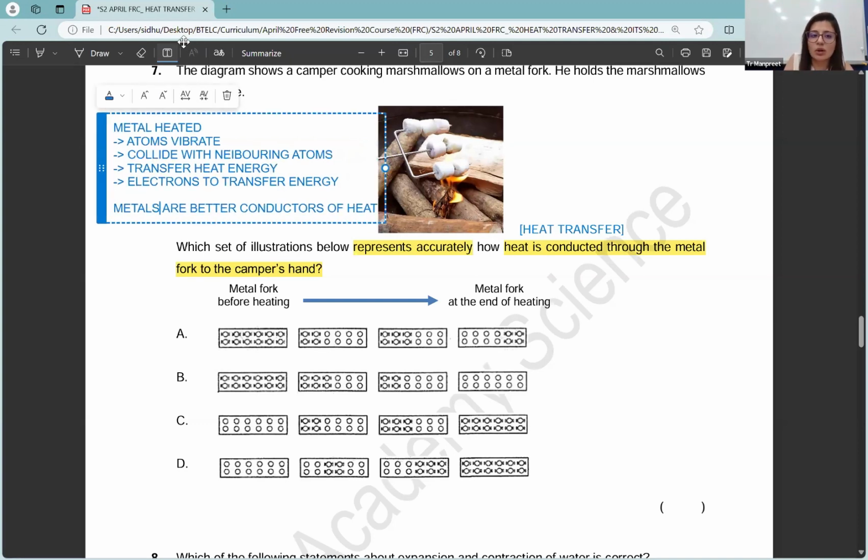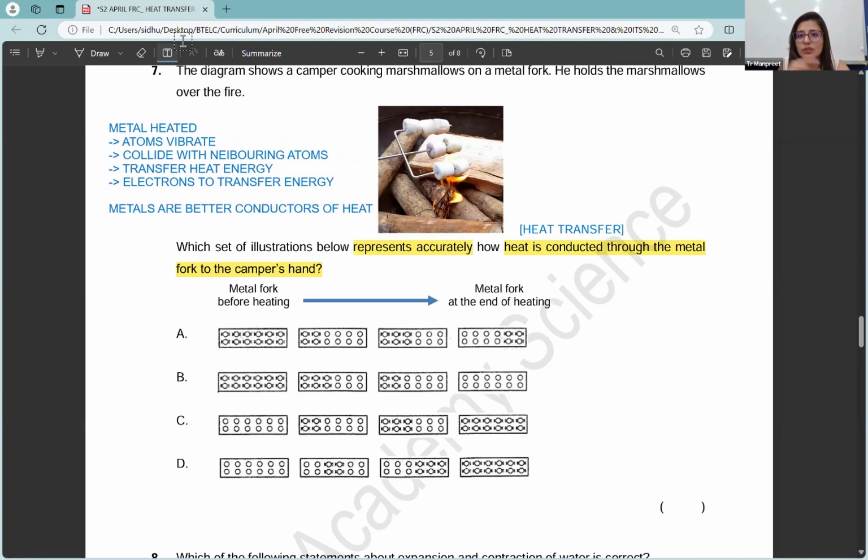Because of the presence of the electrons, they can transfer heat at a good rate. So now we are looking for an illustration in terms of diagram that will explain this process throughout. We're going to look at it very carefully.